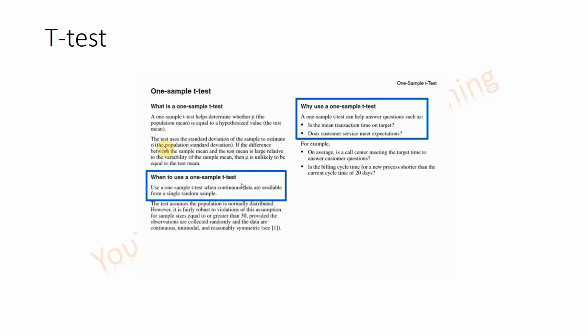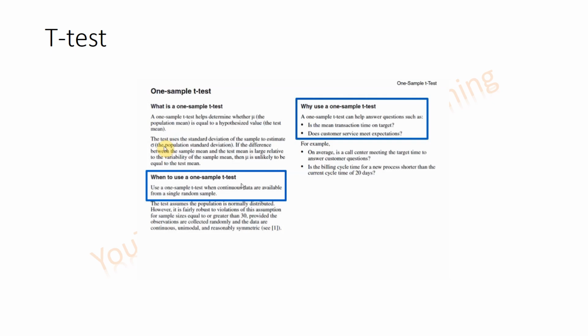Now we come to the first test. We talk about the t-test. When we're going to use the one sample t-test, we use it when you have continuous data. So one column of random samples of continuous data, like our case, 7.5, 2.9 hours, that's called continuous data. Why are we going to use the one sample t-test?